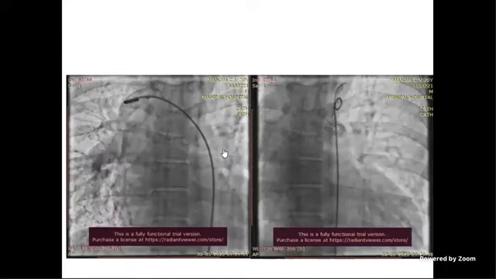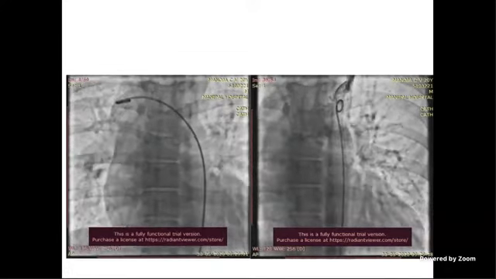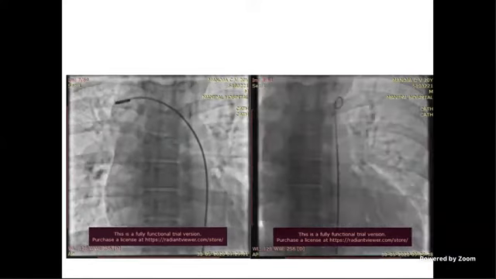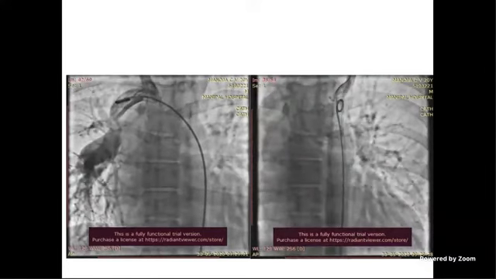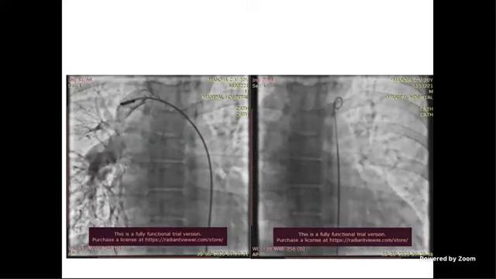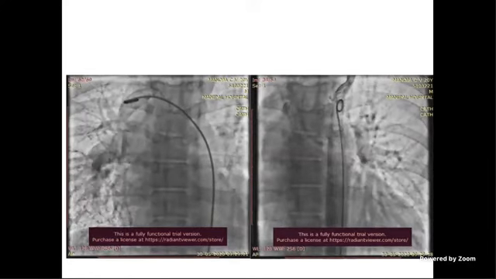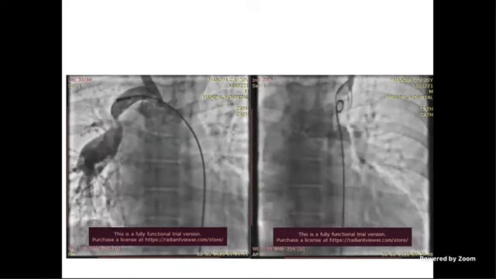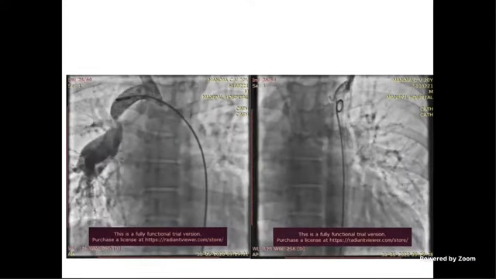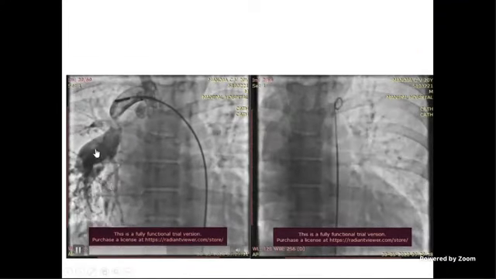From the aortic arch, we can see the right brachiocephalic artery is filling, and from the subclavian artery, sir, there is a shunt to the pulmonary vasculature. What is it, pulmonary vein or pulmonary artery? Pulmonary arteries. Yeah. So what is it?